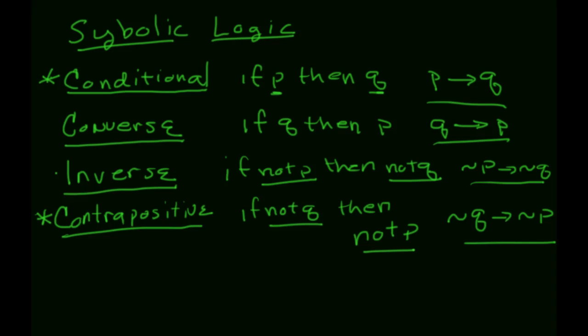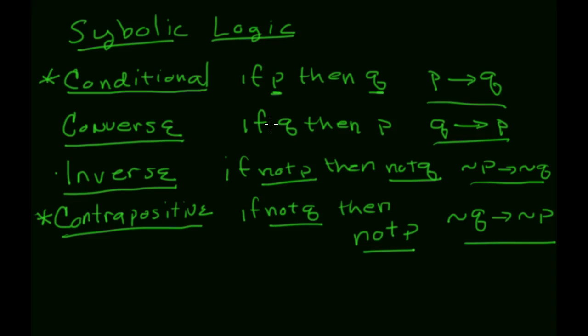For example, the conditional: if you are a Garrison Forest student, then you attend a private school. The contrapositive of that is, if you don't attend a private school, then you're not a Garrison Forest student. So you can see they have to have the same truth value.